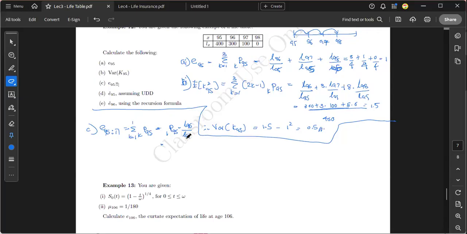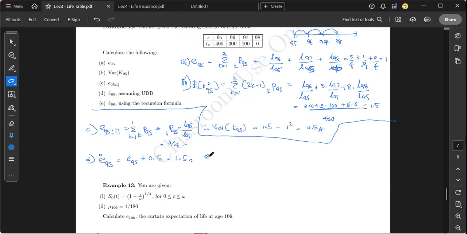This gives directly 3 over 4. And for D, the continuous case under the uniform distribution of death, we can use the last equation. And this is 1, therefore it is 1.5.